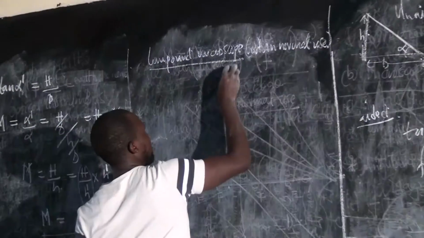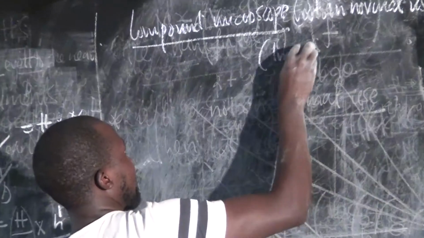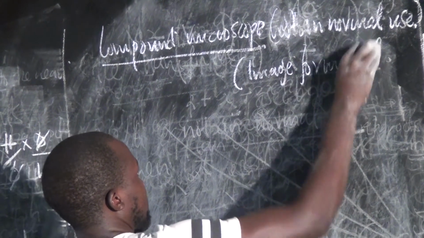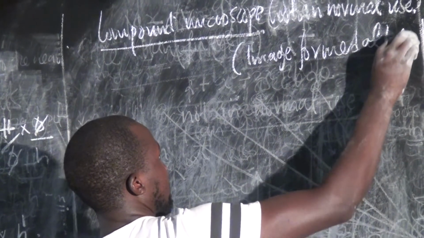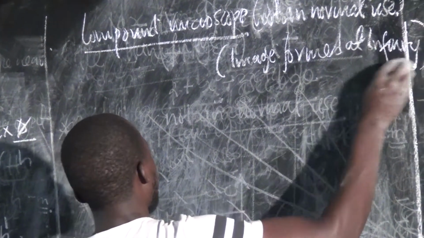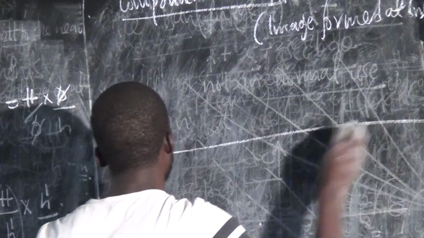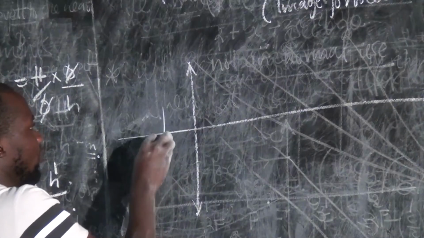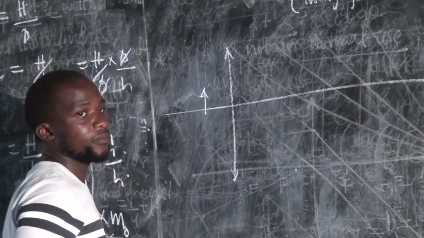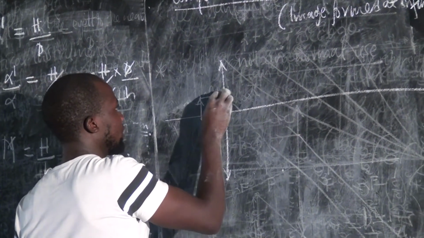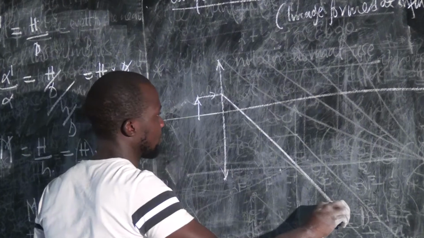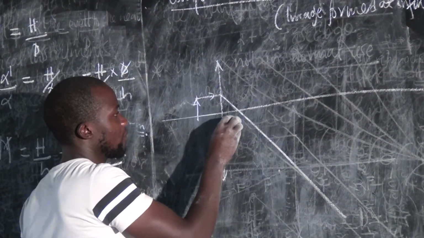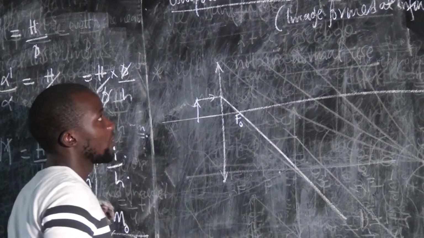Here we expect the image to be formed at infinity. So if this is the objective, like that, and you have your object here, of course, this would be F naught.